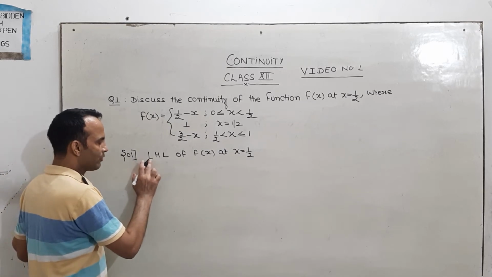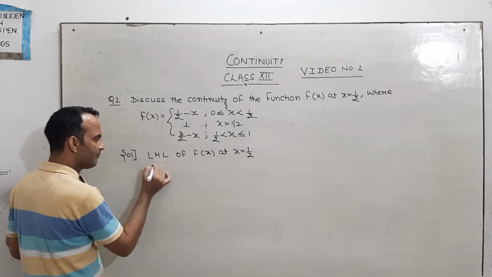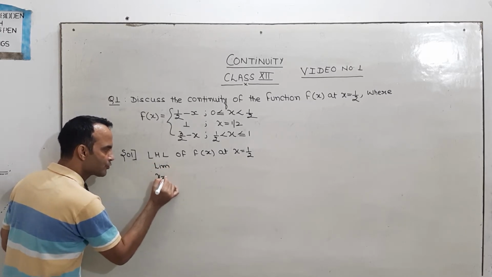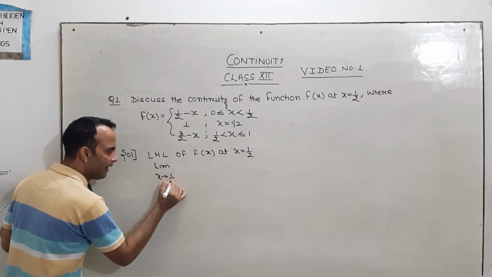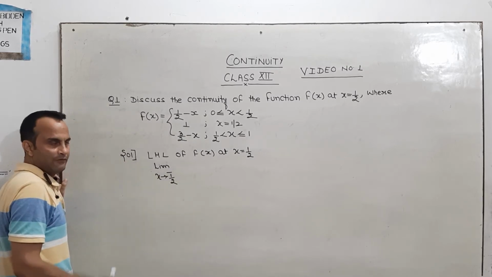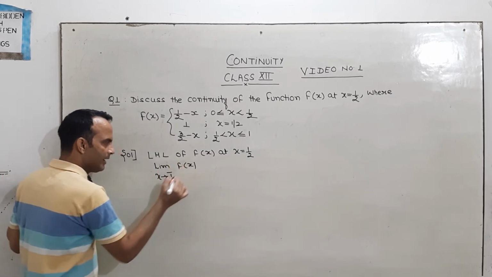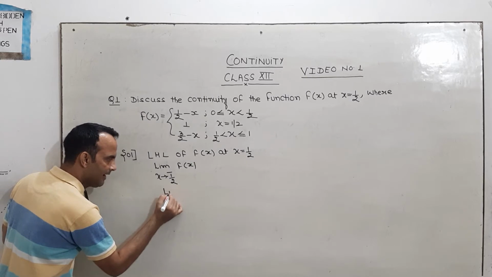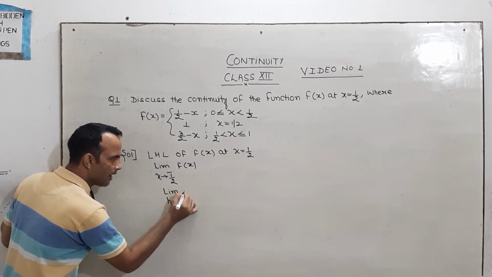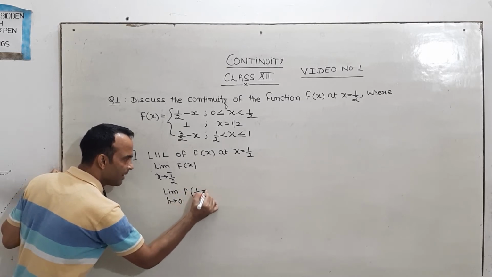First you have to write left hand limit of f(x) at x equal to half, limit x tends to a negative, that is limit x tends to half negative of f(x). In the next step, write limit h tends to 0, f of a, meaning half minus h.